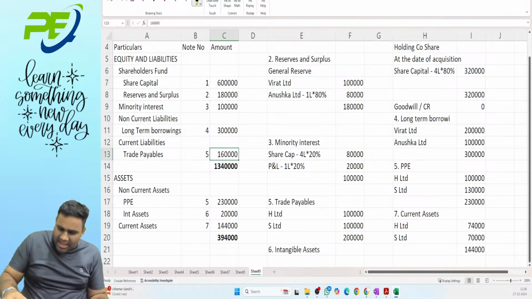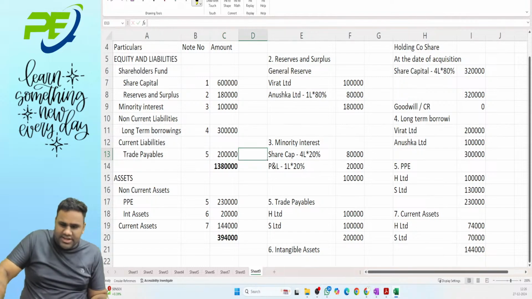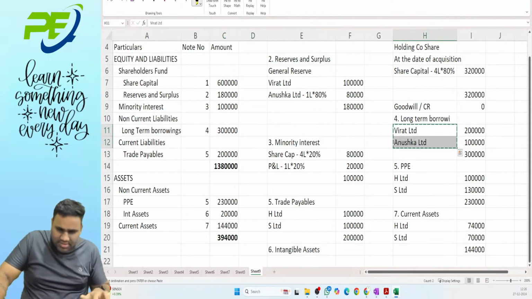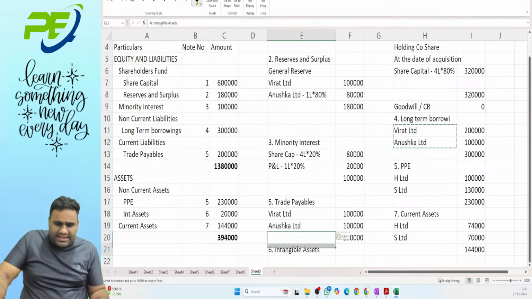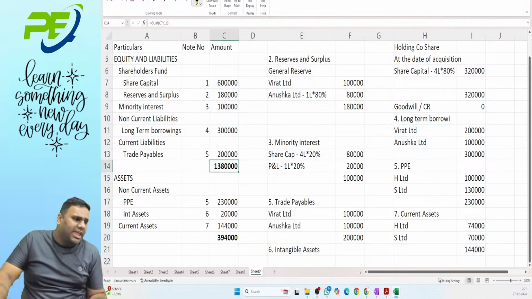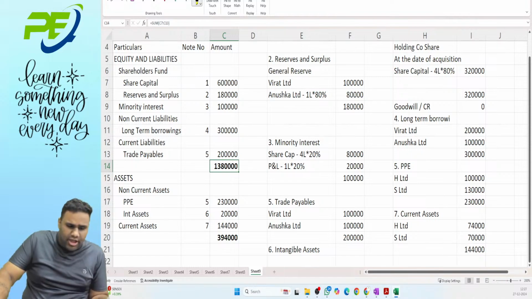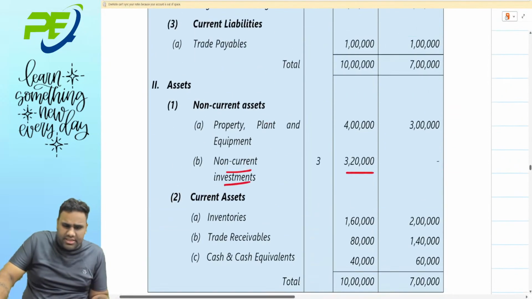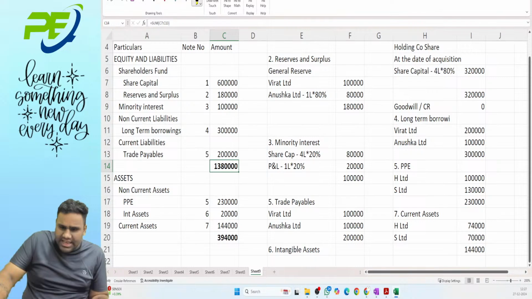So, what a discovery. Liability side over. Everyone, yes. Now, non-current assets, PPE, 4 lakh and 3 lakh. So this will be note number 6.